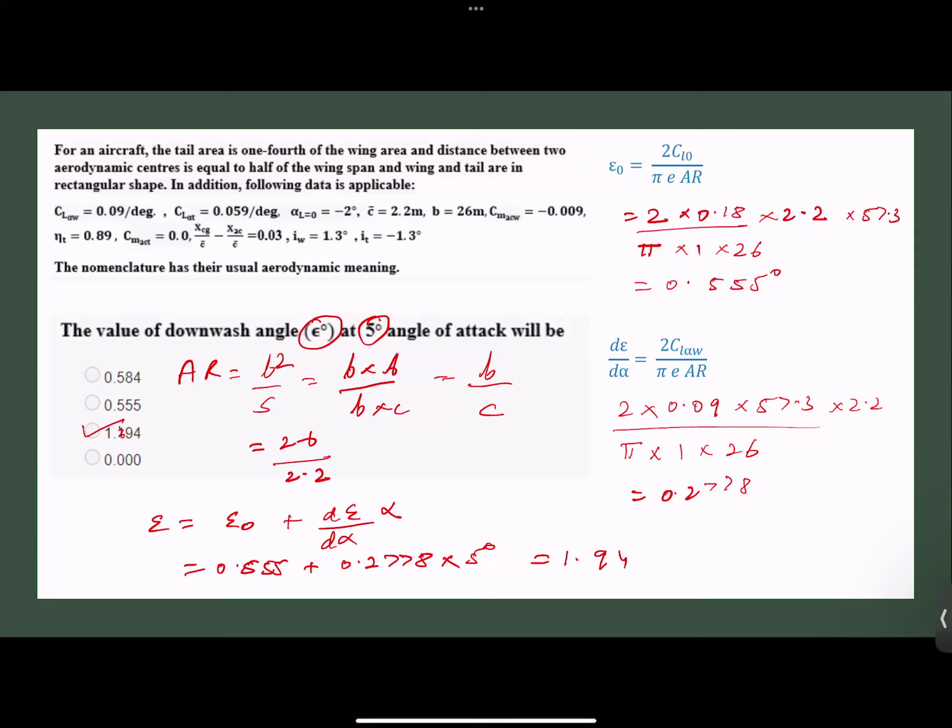It comes to 1.94. Are you getting the same thing? Are you getting 1.19? Let me try doing this again. I think there's something wrong with the options. It's 1.94.